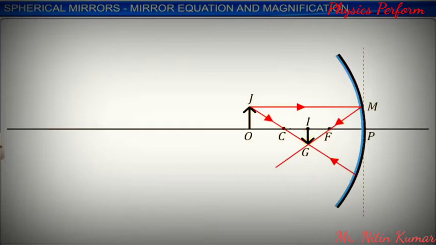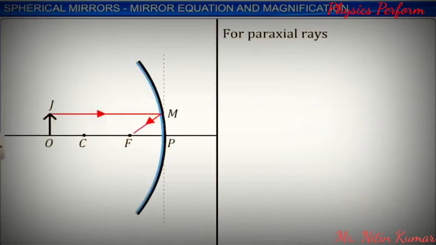If only paraxial rays are considered, M must be very close to P, and hence PM can be treated as a straight line, and OJ is equal to PM.